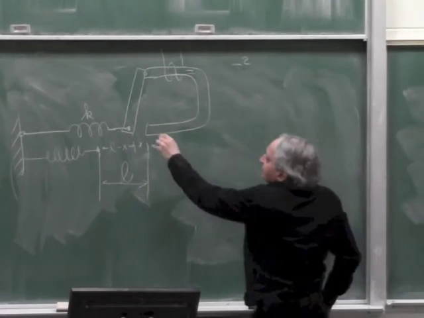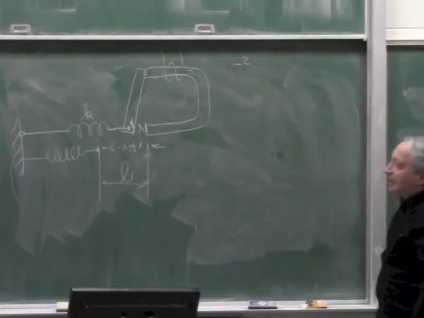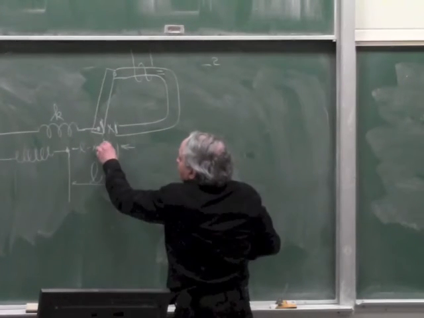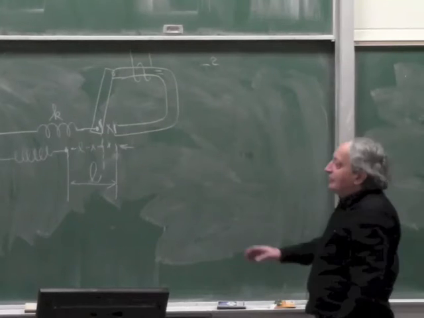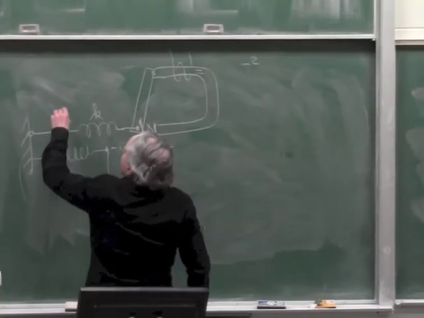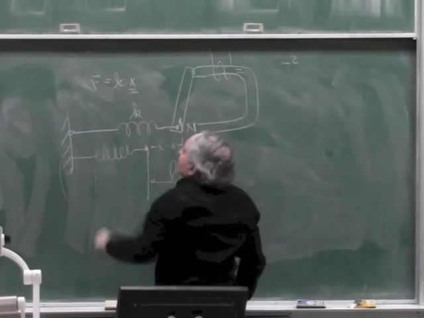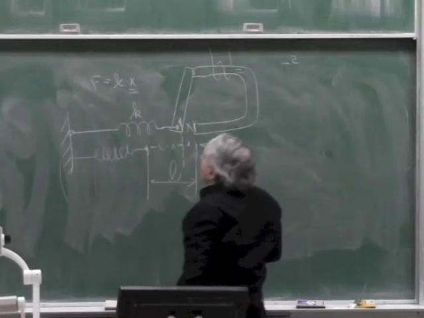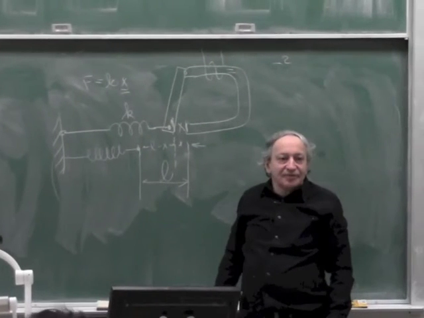So the air gap is x, the amount the coil can move, and the amount the spring is stretched up to this point is L minus x. The total length of the spring doesn't matter, because in a spring F equals kx, where x is the amount of stretching. So it doesn't matter if the spring is longer or shorter, all that matters is k and how much we stretched it. Good?